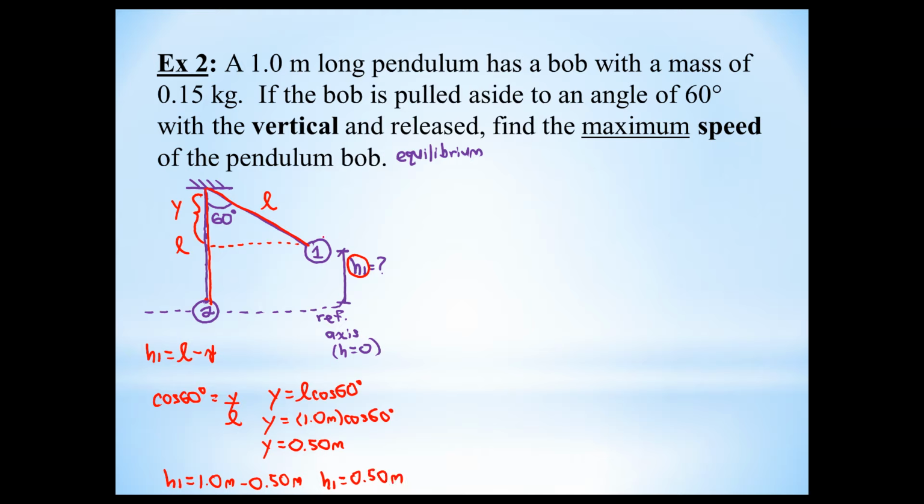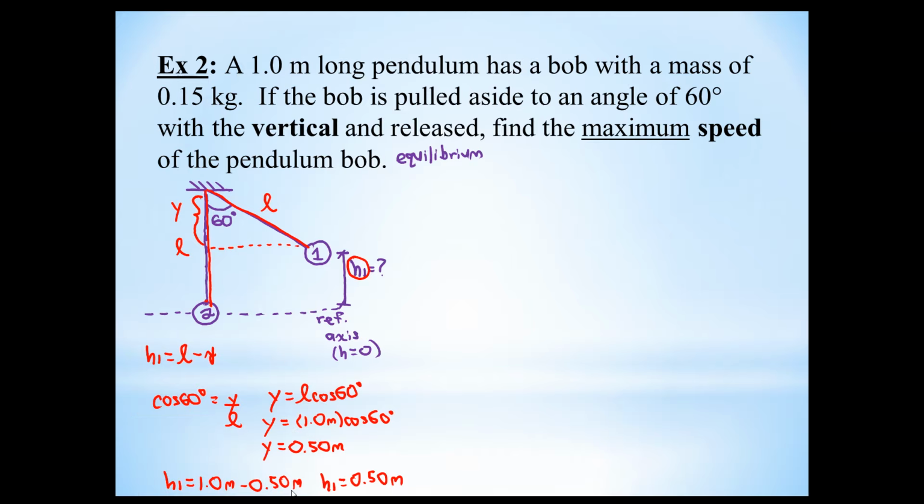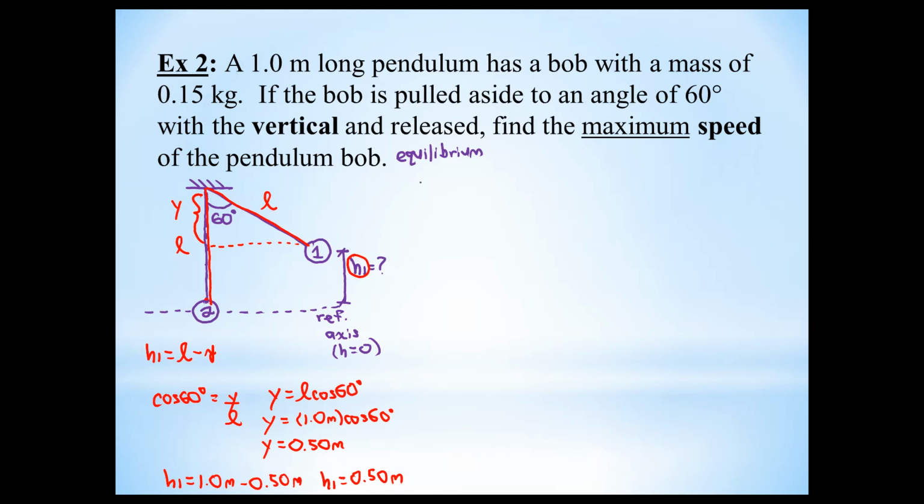And now I'm ready to use conservation of energy. So let's go back to the purple ink color. Okay, so what do I know at my two states? State 1, that's your amplitude. So at the amplitude, h1, which we calculated as 0.50 meters.